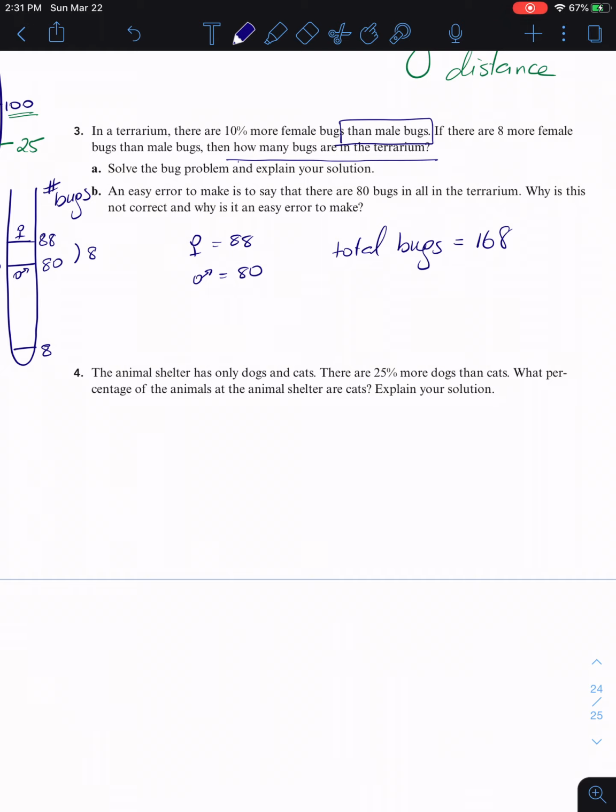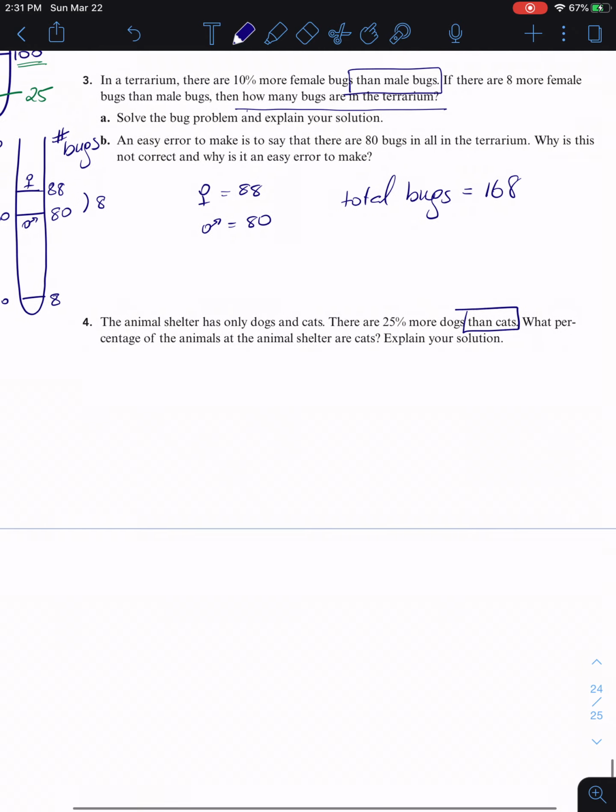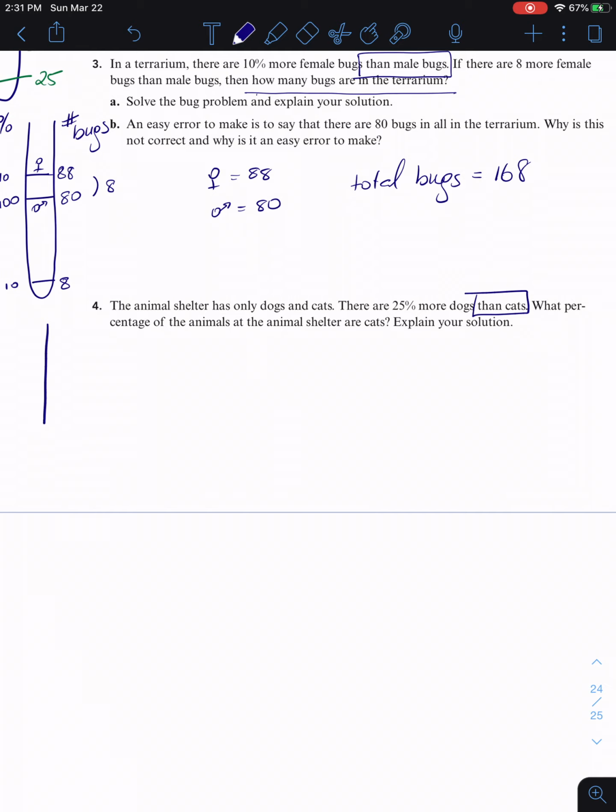We only have dogs and cats. 25% more dogs than cats. All right, so let's draw that. We have dogs, cats. We're comparing to cats. They're 125% of the cats. Cats are 100% here.